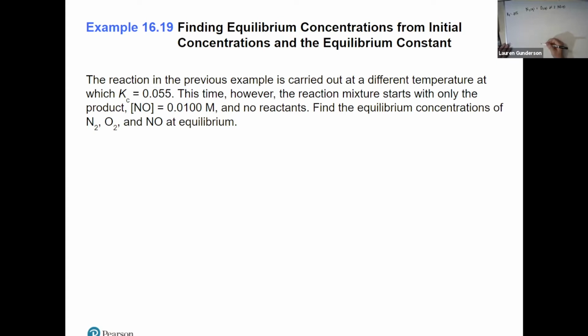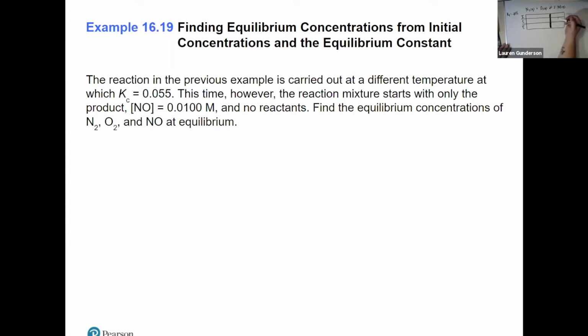And this time we are starting only with our NO. This doesn't really change anything when we're doing these calculations. It doesn't really matter where our starting material is. We just have to be able to understand which way the reaction goes when we have that particular starting material.